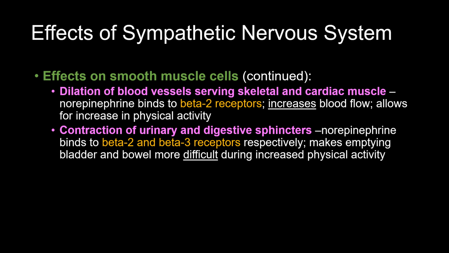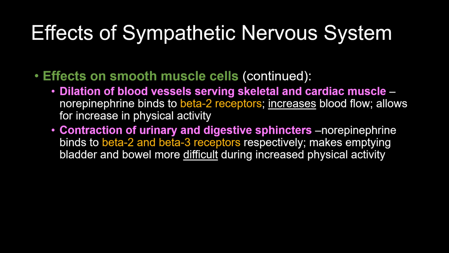While norepinephrine constricts many of the body's blood vessels, when it binds to the beta-2 receptors of smooth muscle cells of blood vessels in skeletal or cardiac muscle, it causes them to relax. And so this opens up these blood vessels. This is called vasodilation, which increases blood flow and the delivery of oxygen and nutrients to these cells.